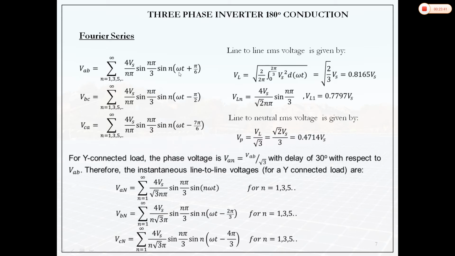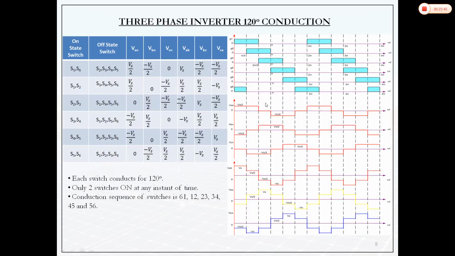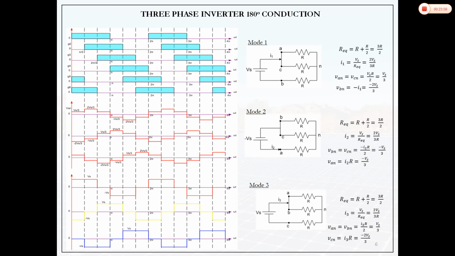output voltage. Now if you want to find line to line RMS voltage, you can see the output voltage you are getting. Here, for 120 degree it is VDC, then 0, then for the next 120 degree it is minus VDC.